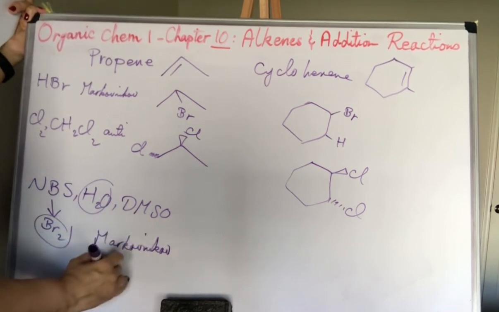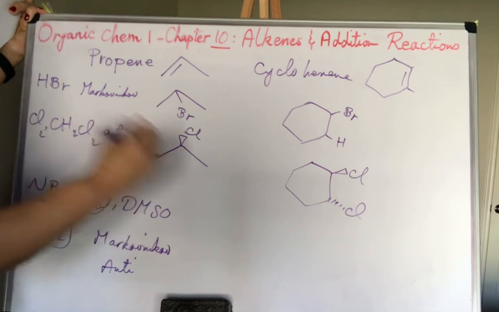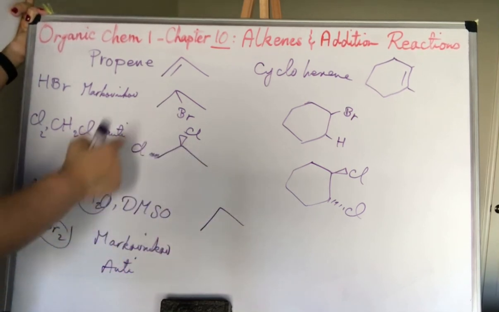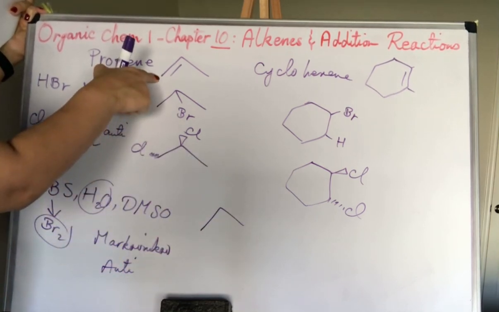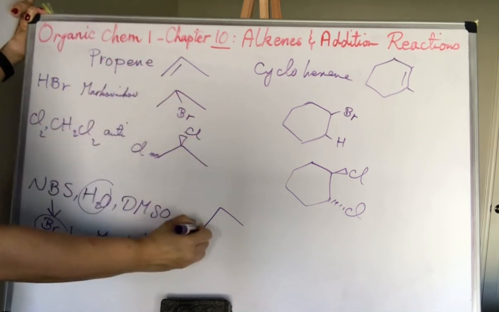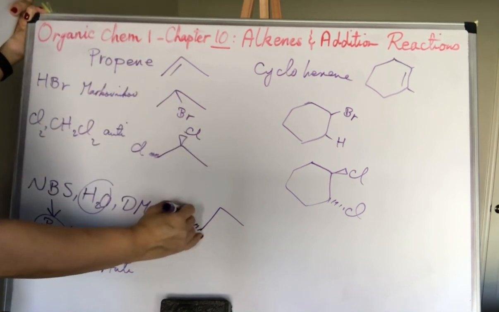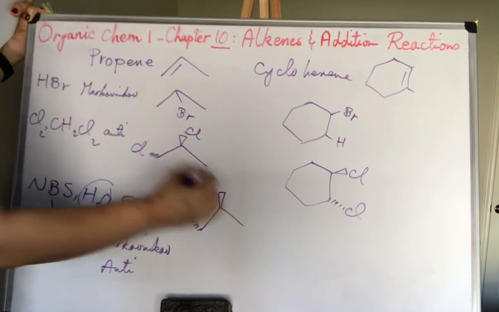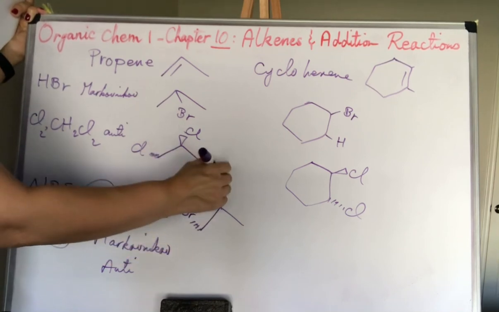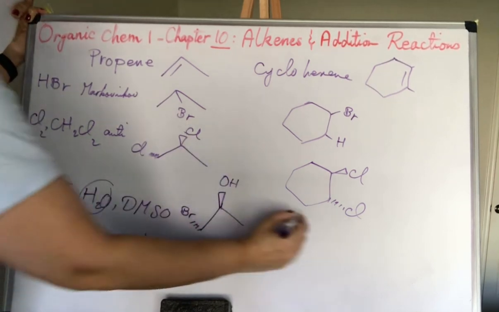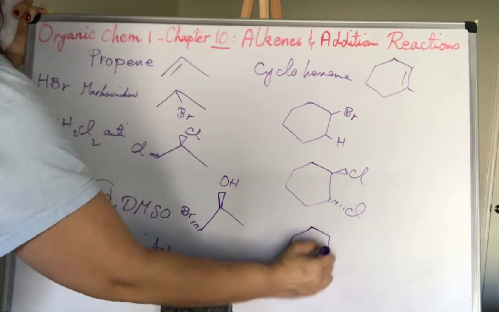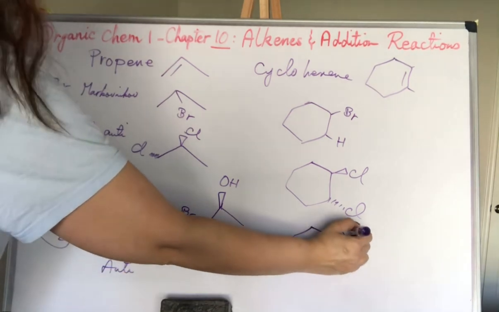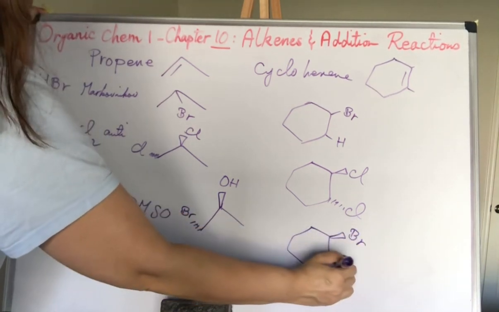These are the facts you need to know about every reaction. So Markovnikov means bromine will be added to the hydrogen-rich carbon, and anti means they are on opposite positions. OH will be added to this. And in this case, it doesn't matter because there is no difference between the hydrogens.